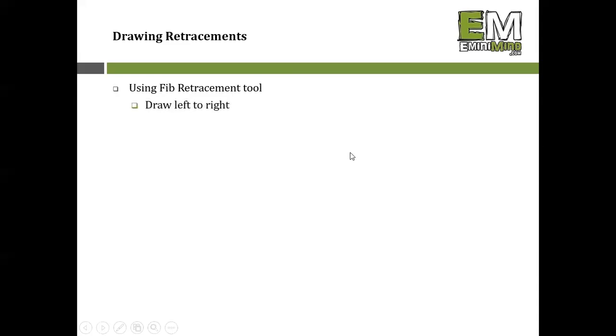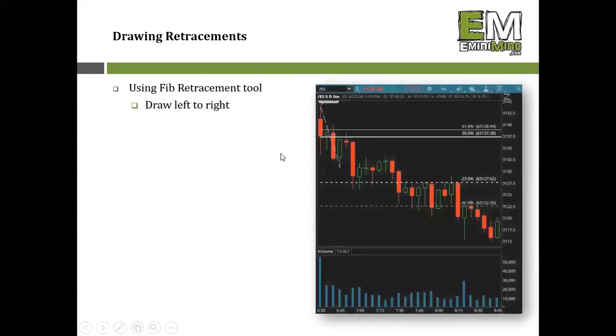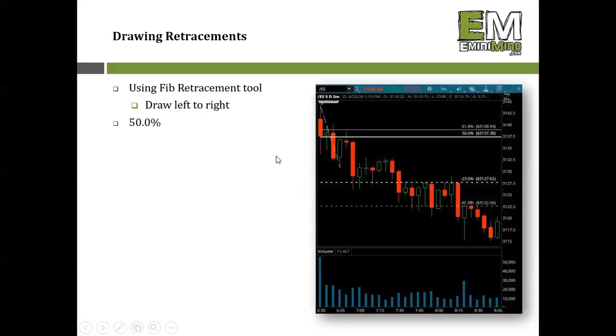We always want to be drawing from the left side of the chart to the right. I like to have the 50% line on my chart, the 61.8, and then you could call it the 123 or the negative 23.6. Those are kind of my three pillars.